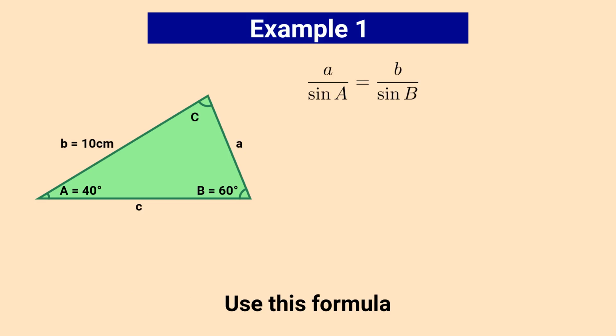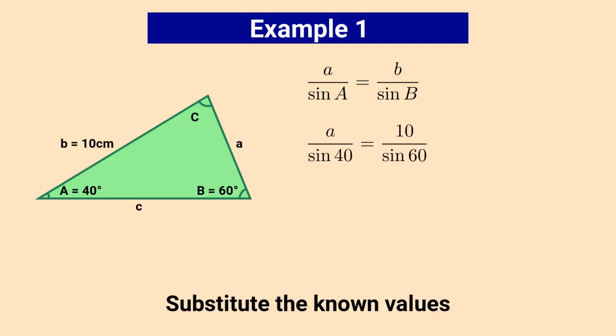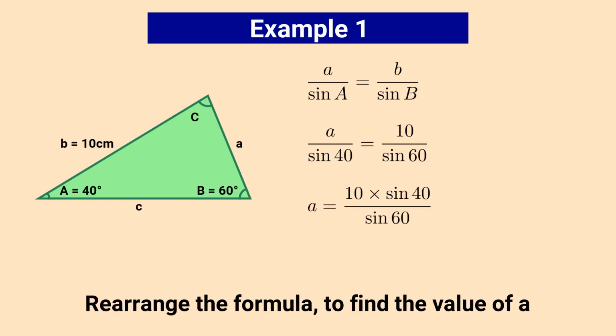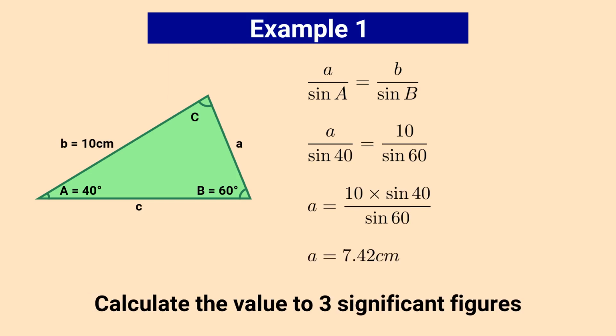We will use the formula a over sine A equals b over sine B. We then substitute the known values, leaving the unknown value a. We can rearrange the formula to find the value of a. Finally, we can use the calculator to find a to three significant figures.